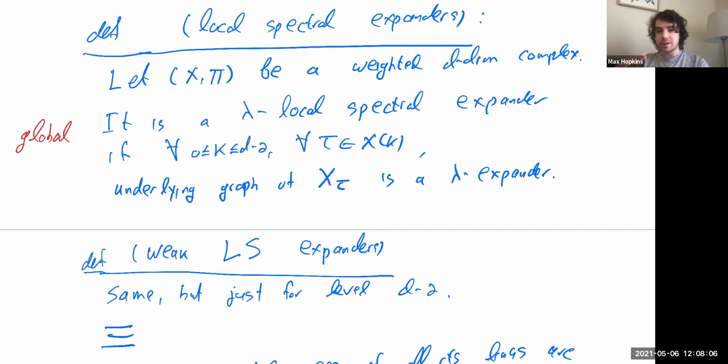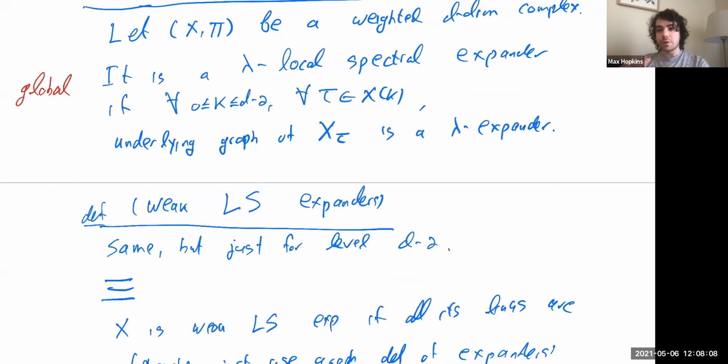The second is strictly local. You are only looking at information on links of the complex. So the first definition is both local and global: you require things for links of all levels, but there's also global information when you look at the link of the empty set, which is just the graph underlying the full complex. The second does not contain this, so it's purely local information.